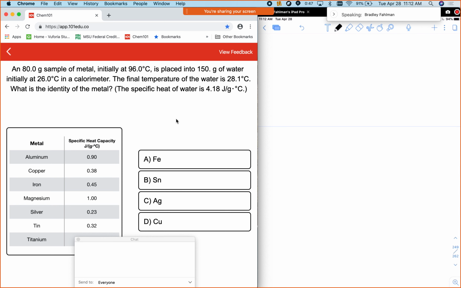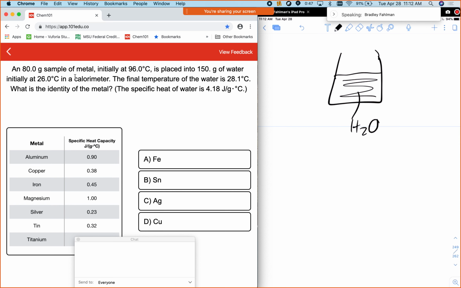So this question, you've got a lot going on here. You've got a metal that is changing temperature, and you've got water that is changing temperature. So basically you've got a calorimeter. Let's say a styrofoam cup has water in it.